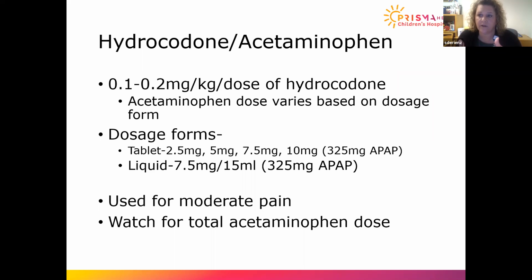So you might often get phone calls about that if we can't make it come out exactly right, as far as a one-to-one conversion from liquid to tablet or vice versa. So you may get phone calls about that to get permission to change a dose. But if we can round it within reason, we will try to do that. But again, I can't emphasize enough about watching that total acetaminophen dose per day.